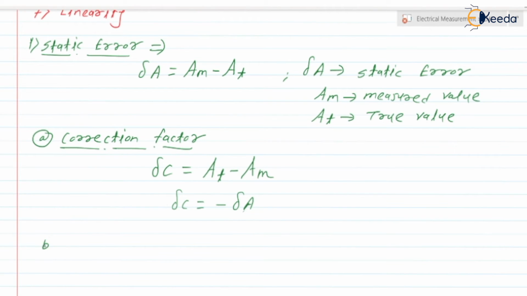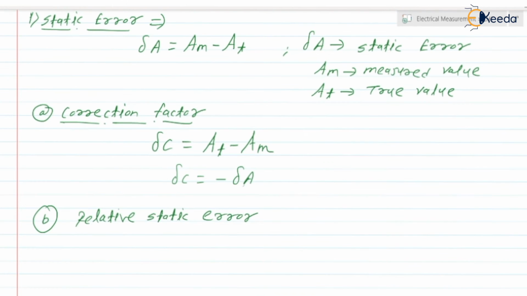Next, related with the static error, we have one more term, that is relative static error. It is also known as percentage error. Relative static error is the ratio of static error to the true value.